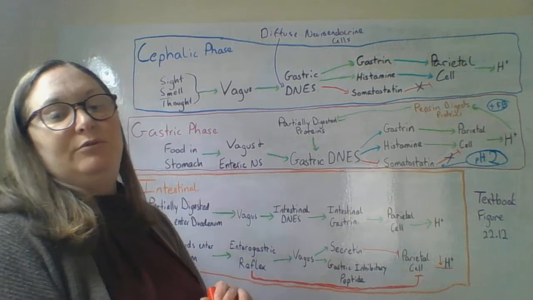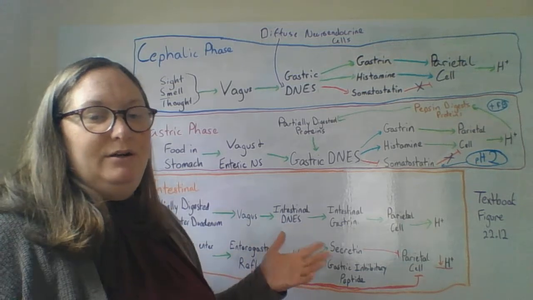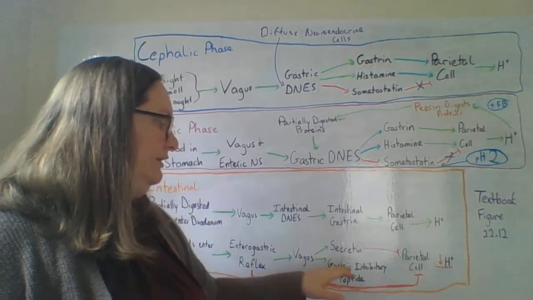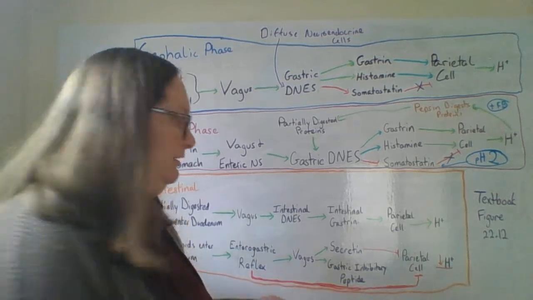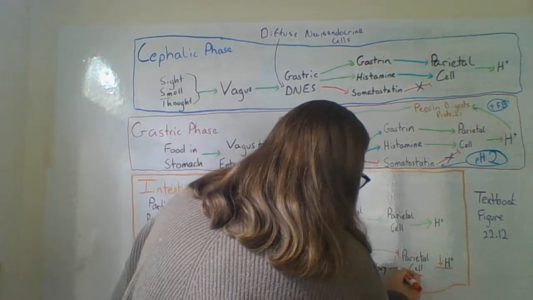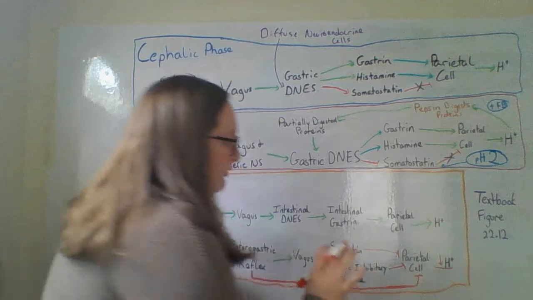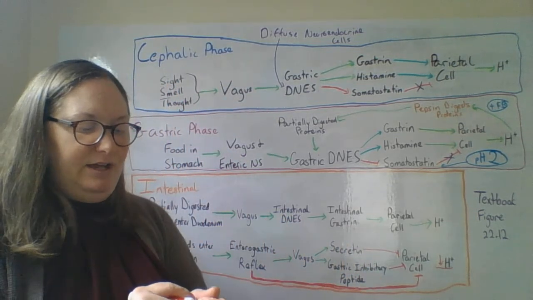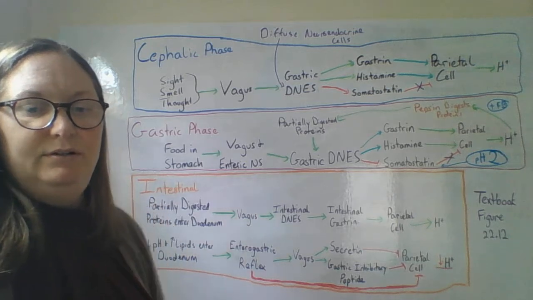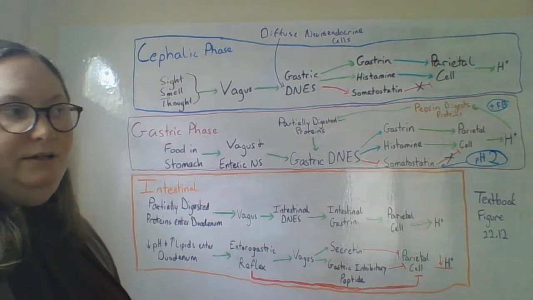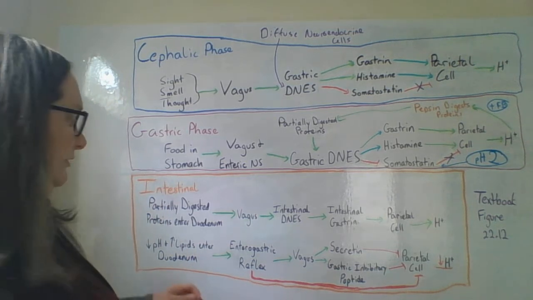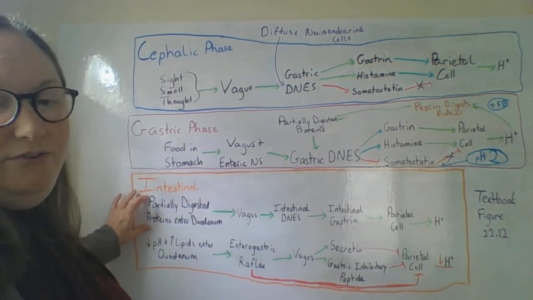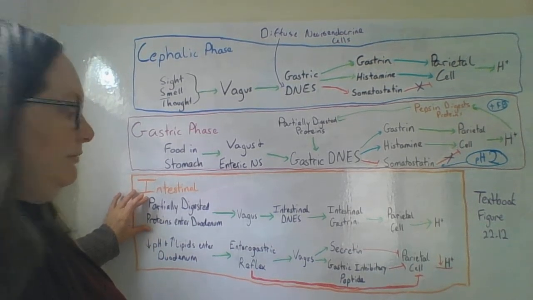If you're having trouble remembering what inhibits the gastric parietal cells, gastric inhibitory peptide. All right? And they're all saying, no, parietal cells, enough, enough. Turn down that hydrogen ion secretion. Does that make sense?